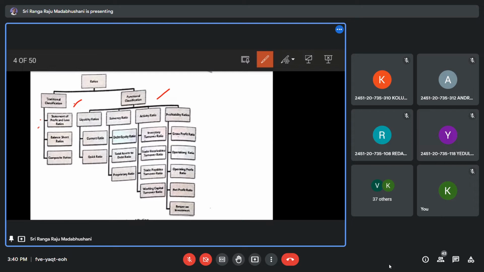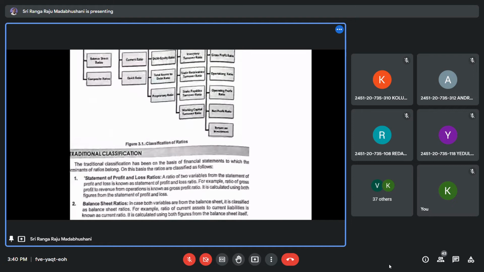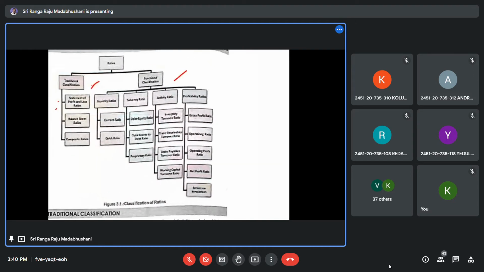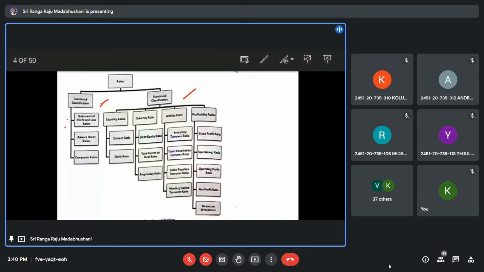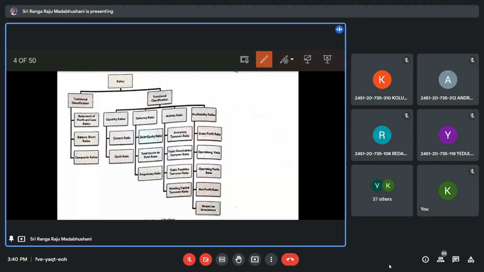Then the balance sheet ratios. You will take the information from the balance sheet and find out the ratios. In the profit and loss account ratios, the relationship between profit and sales, profit and expenses, operating expenses, non-operating expenses, and between gross profit and sales.